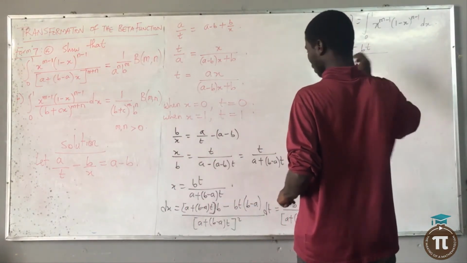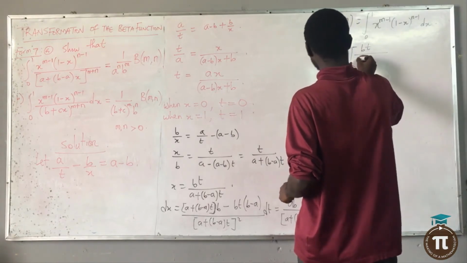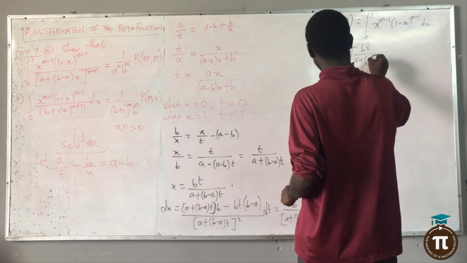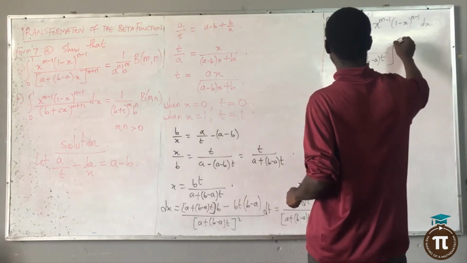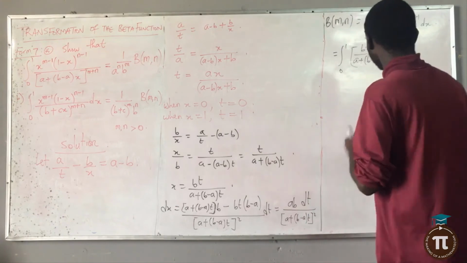So s is bt all over a plus b minus at, raised to the power of n minus 1.